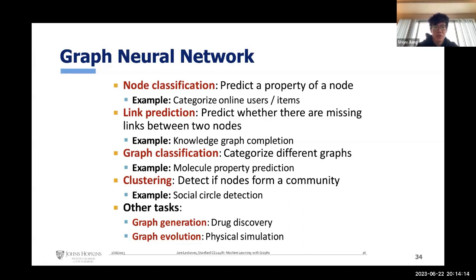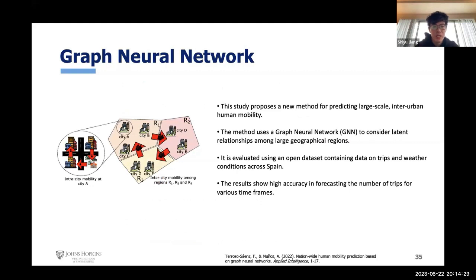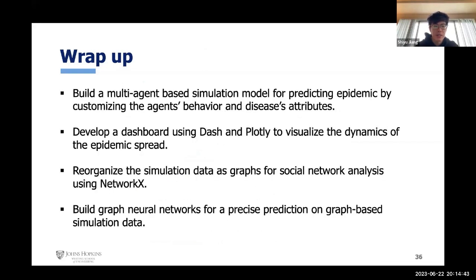We can just train the graph neural network using those big data, and customize it to do downstream analysis. And this is one case study related to our simulation or the pandemic prediction. If you're interested, you can check that. So I will just go here.